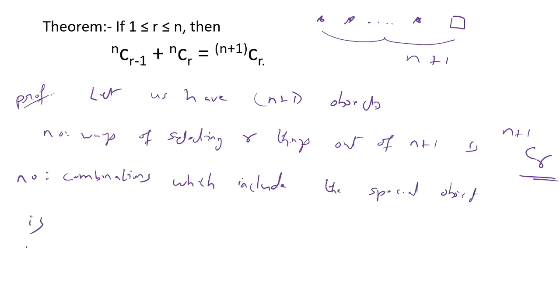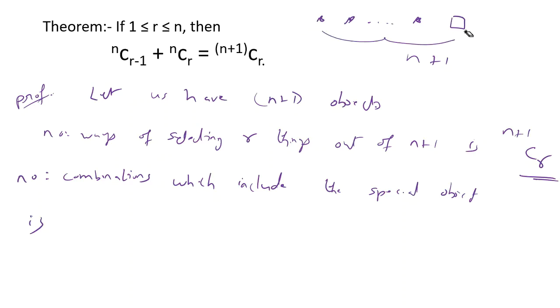I have already included this object. I am supposed to collect r objects out of these n plus 1, and I have already collected this one. So now all that I have to do is select r minus 1 objects from the remaining n objects.